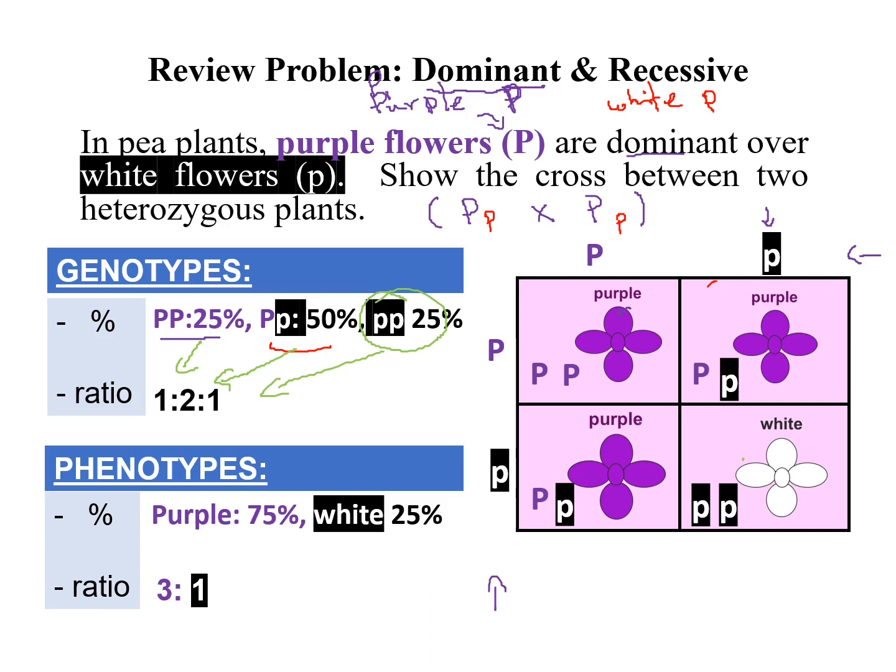So what you have to do is just count. If you count, 75%, and why 75%? Because here you have 1, 2, and 3. And if you divide 3 divided by 4, you will get 75%.